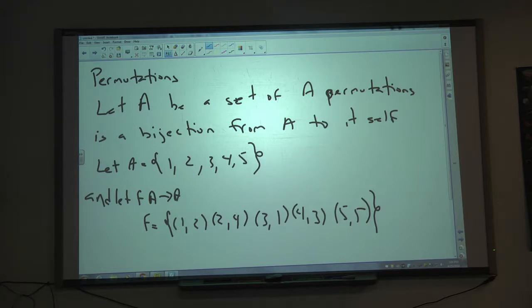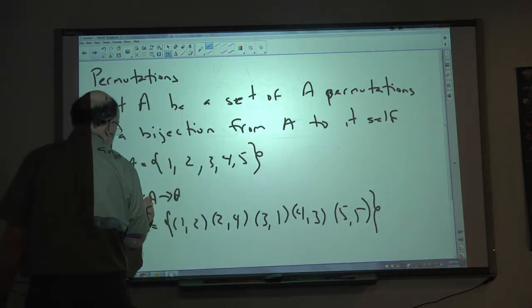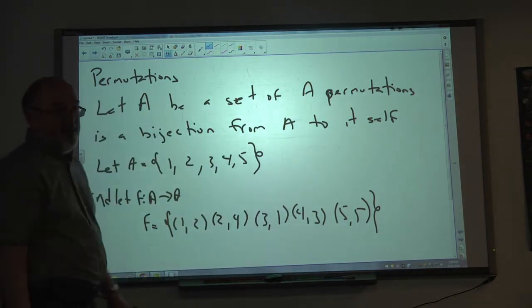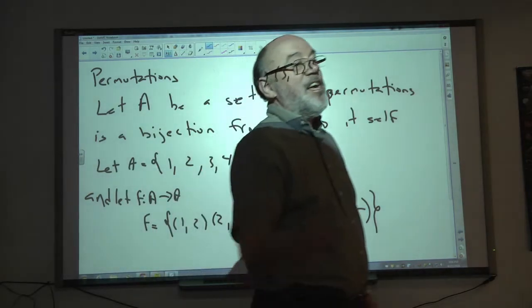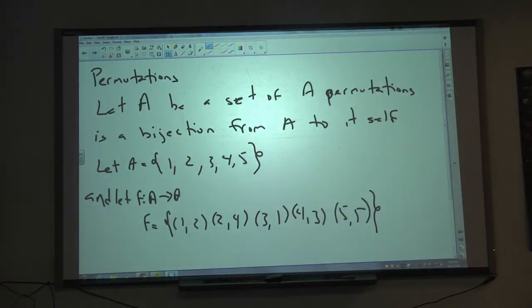So F is going to be my thing that maps A onto A. I'm going to take an element of A and match it up with another element from A. That's what this is doing. And we say, this is what you get. Again, I can write out an endless number of possibilities.